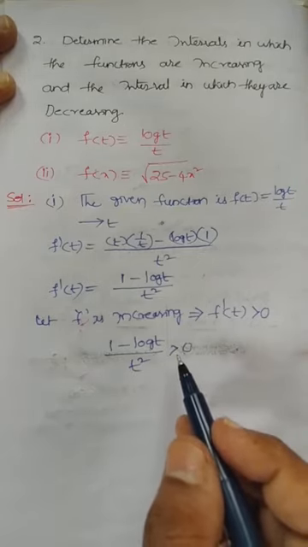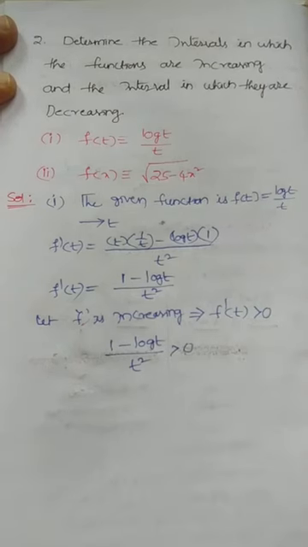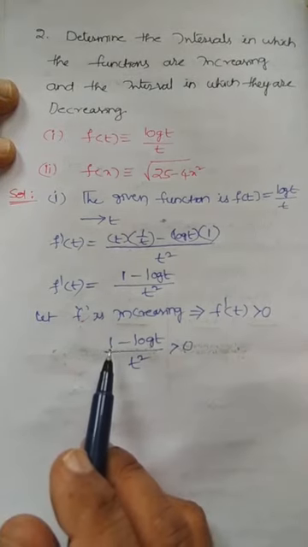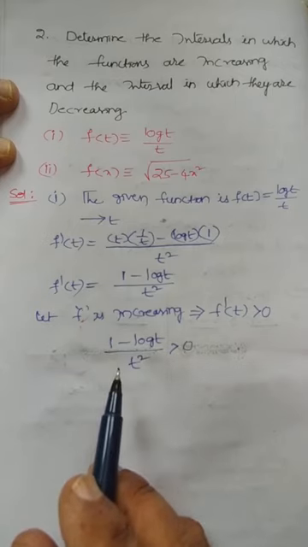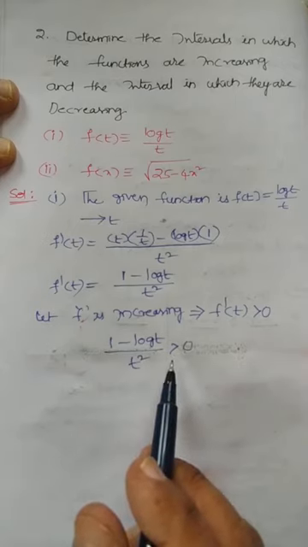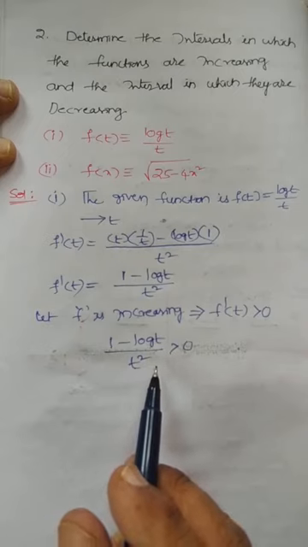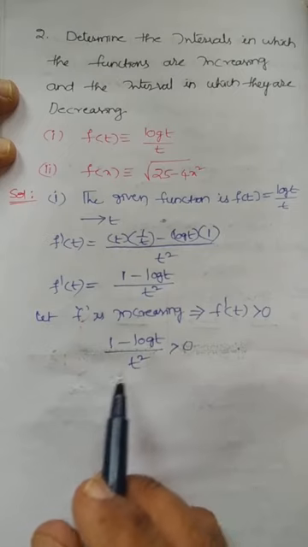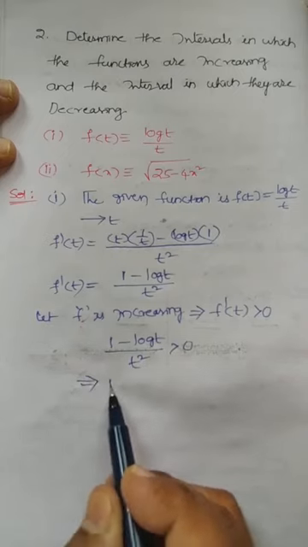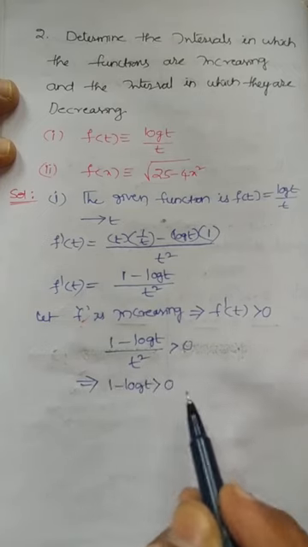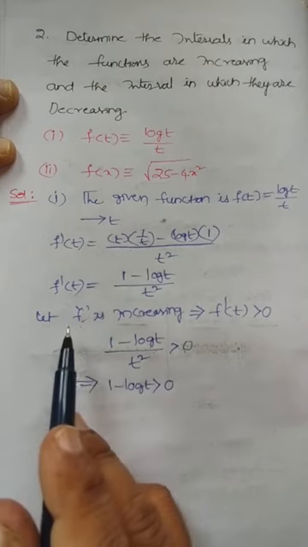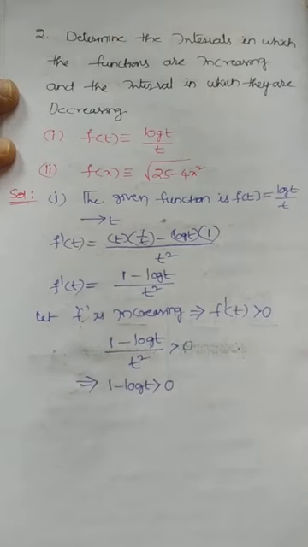To get the total term positive, the numerator must be positive. So positive by positive is greater than 0. So t square is always positive. That implies 1 minus log t must be a positive value, to satisfy that f is an increasing function.